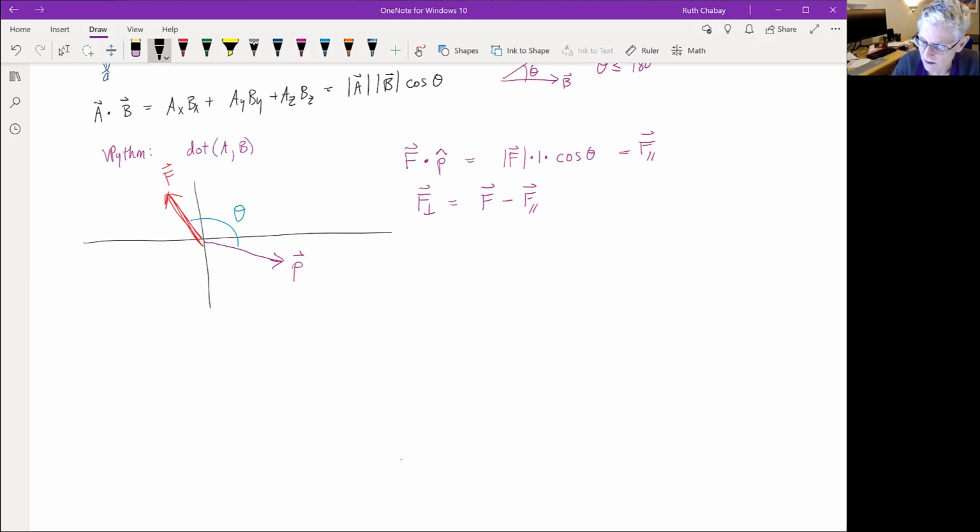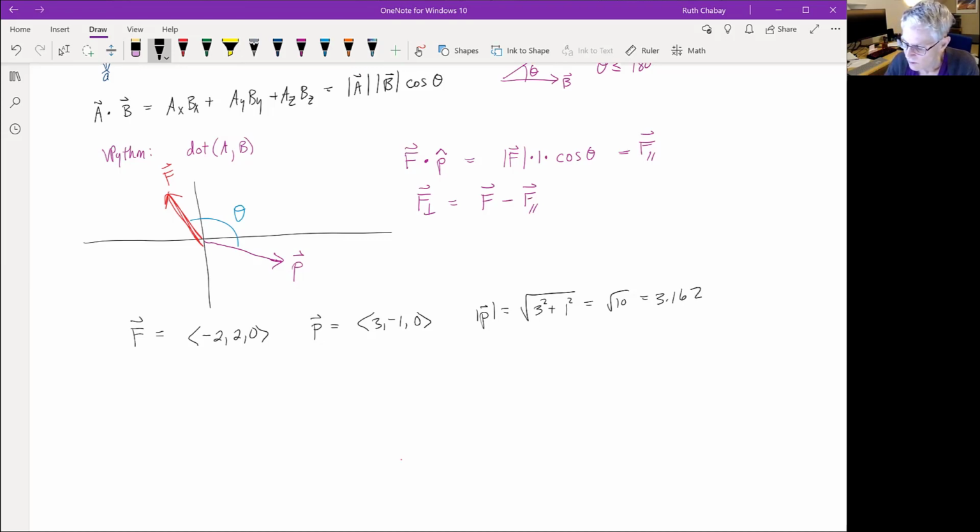Let's say that the vector F is -2, 2, 0, and the vector P is 3, -1, 0. So we need P hat. So the magnitude of P is just the square root of 3 squared plus 1 squared, which is equal to the square root of 10, which is 3.162.